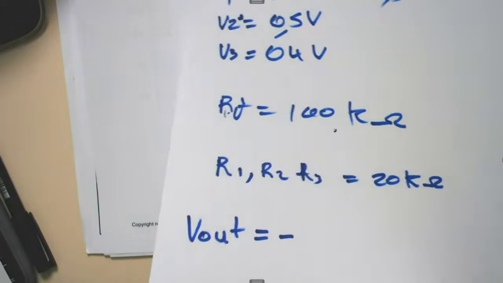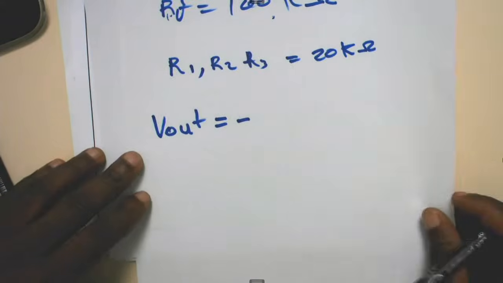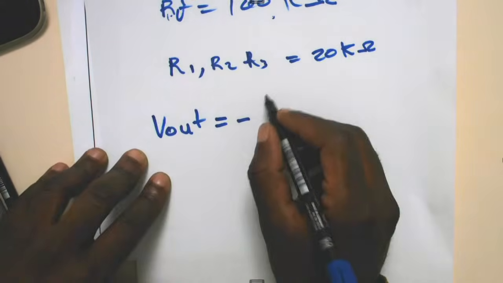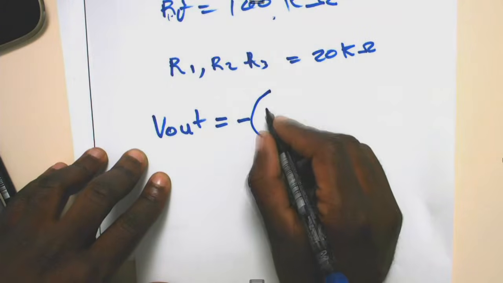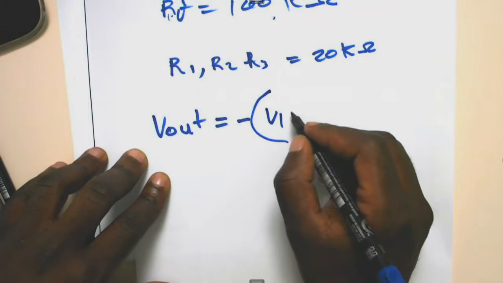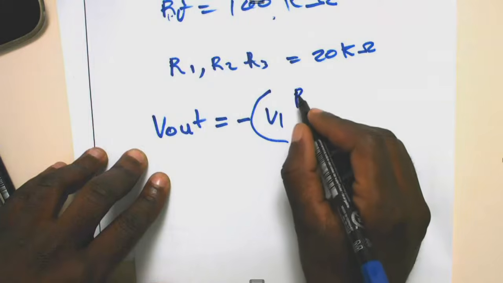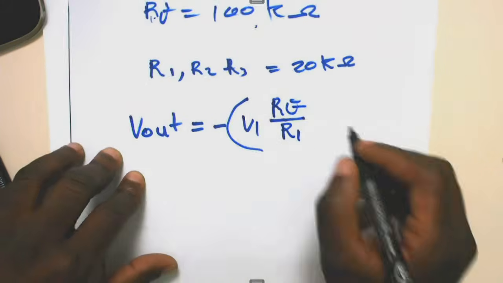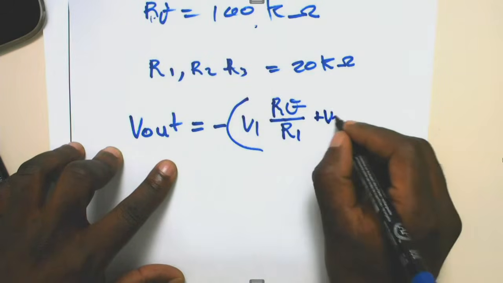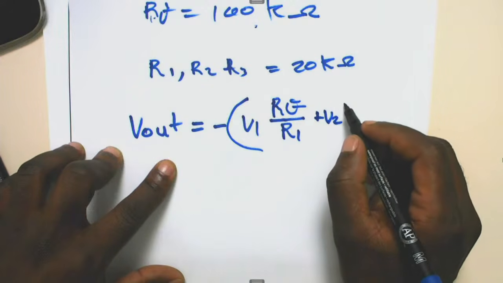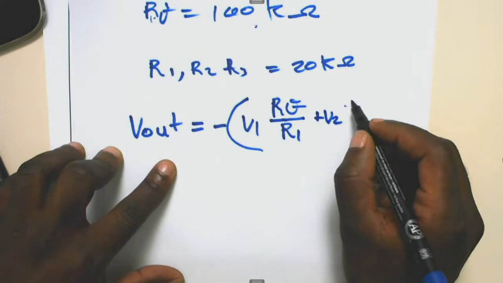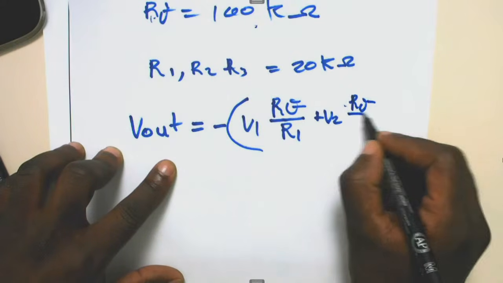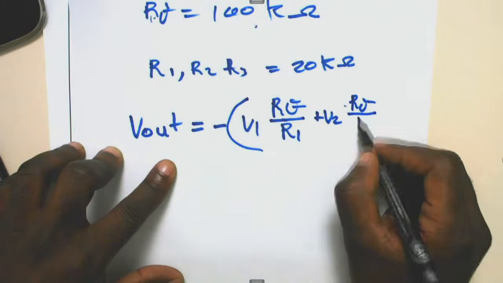Okay, the formula is not here, but we know the formula for this one is negative bracket, then we say V1 multiplied by RF over R1 plus V2 multiplied by RF over R2.